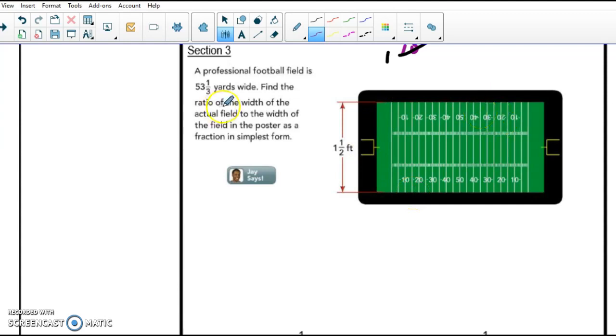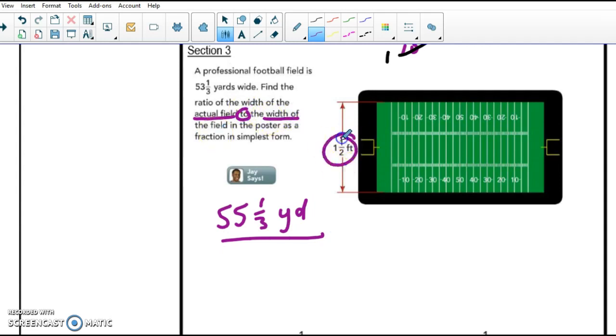So first we need the width of the actual field, which is 53 1/3 yards, to the width of the field in the poster. And the width of the field in the poster is 1.5 feet. So a couple problems that we need to deal with. We have mixed numbers and we have different units of measurement.